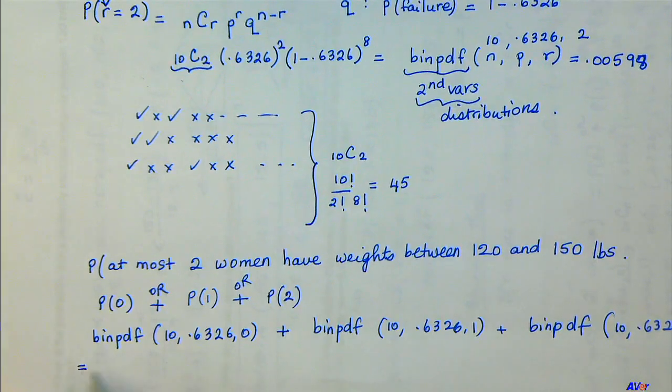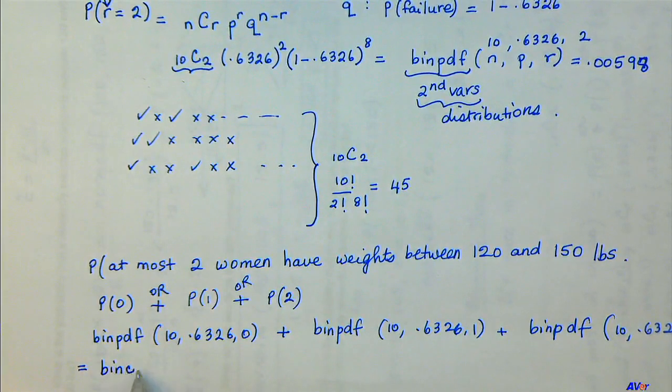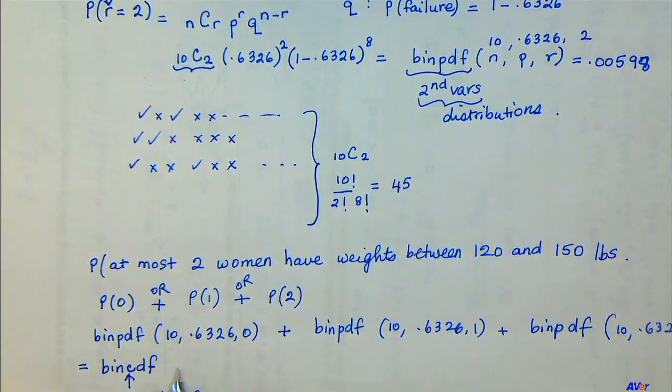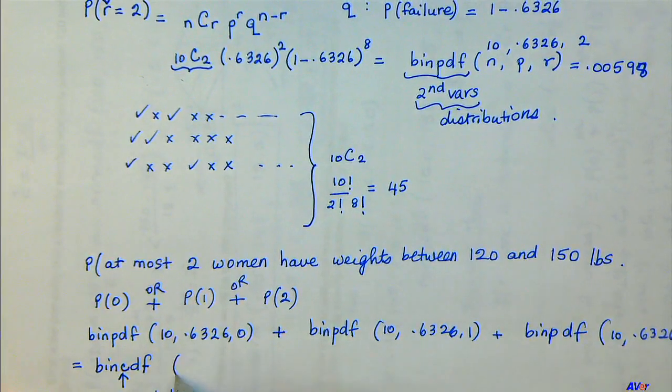And that is given by binomial CDF. C for cumulative. That means they will go and add up all these. If you just provide the N, which is 10, the P, which is 0.6326, and the R, which is the last one, meaning the 2. So if you say binomial CDF N, P, 2, it will take the probability of 2 and the probability of 1 and the probability of 0 and add it up and give it to you in one step. So you don't have to do this 3 times. Get it?